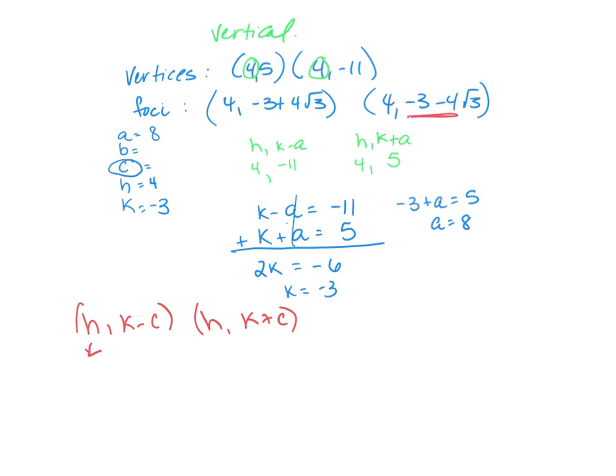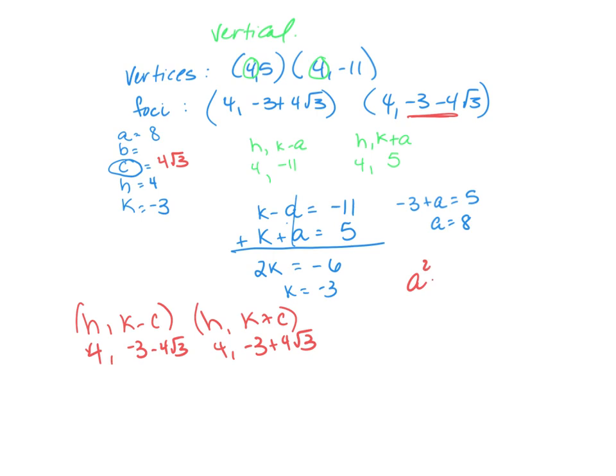So the H we know is 4, and then we have negative 3 minus 4 root 3, and 4, negative 3 plus 4 root 3. So what do you think C is? Good. So C is 4 root 3. Can I find B? Sure.